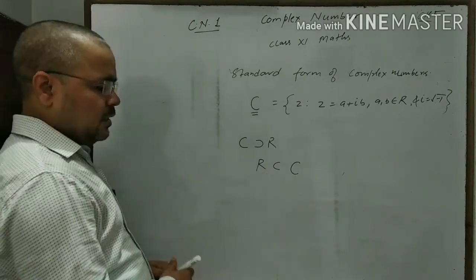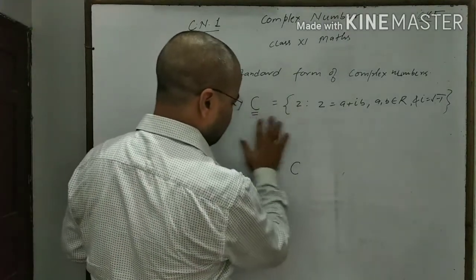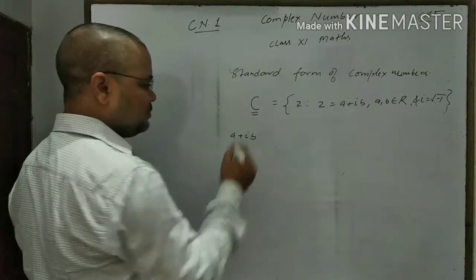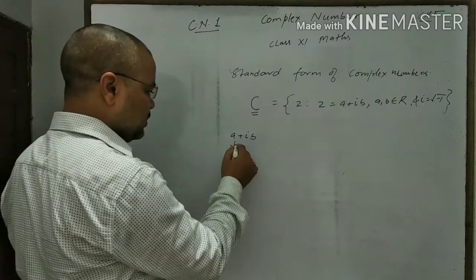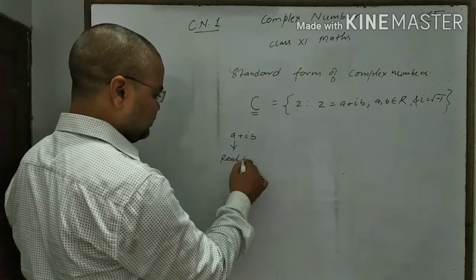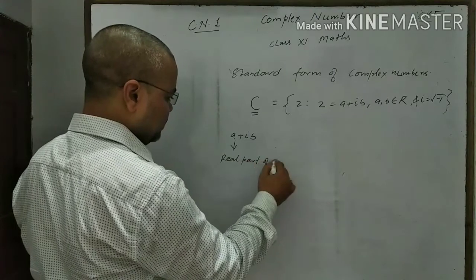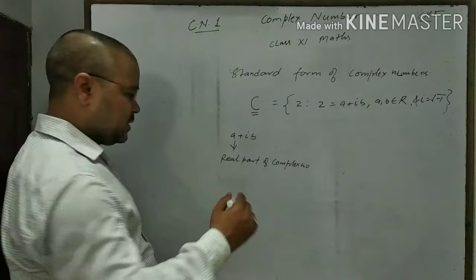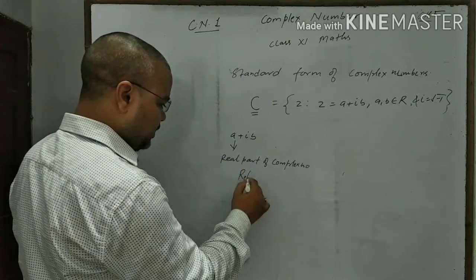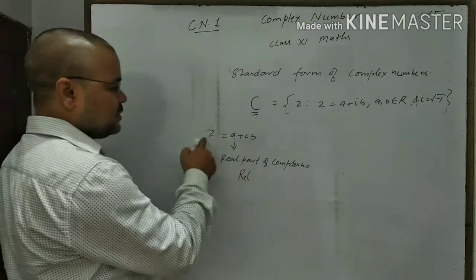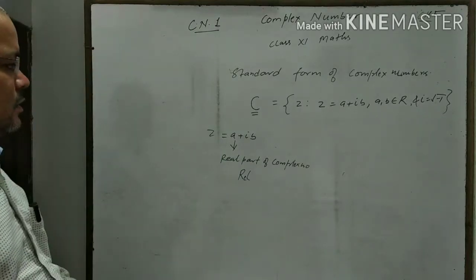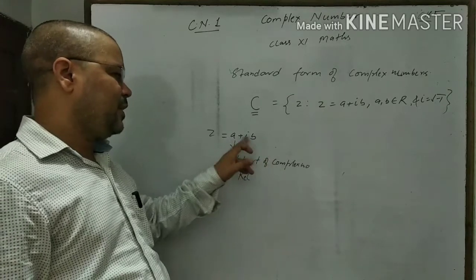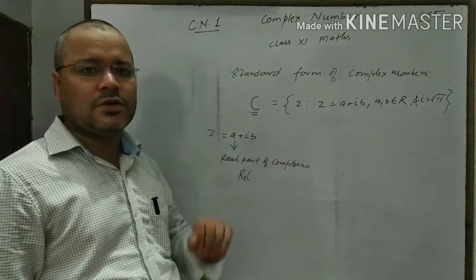If we write any complex number a plus ib, then a is the real part of the complex number, represented by Re Z. The complex number is simply represented by Z and defined as a plus ib, where a and b belong to real numbers and i is equal to under root -1.